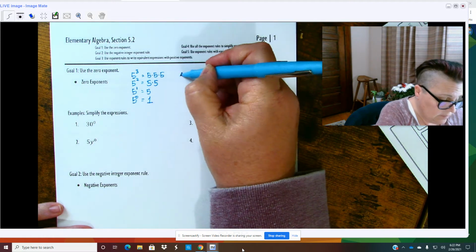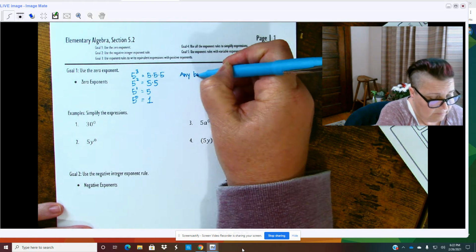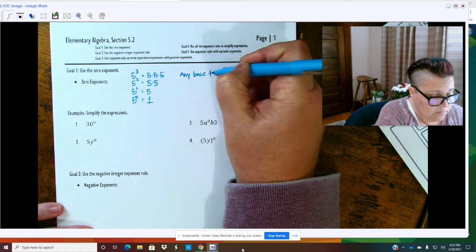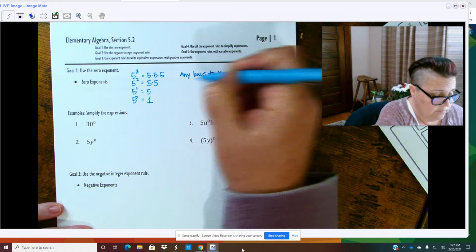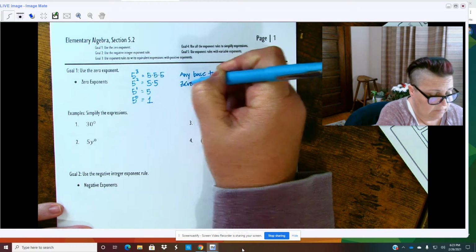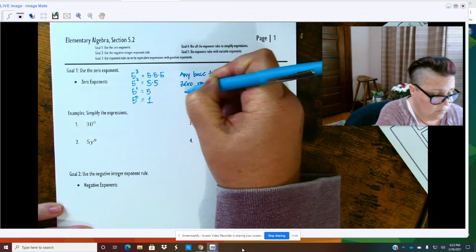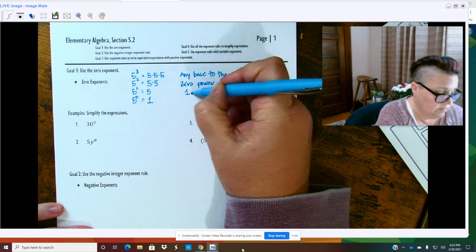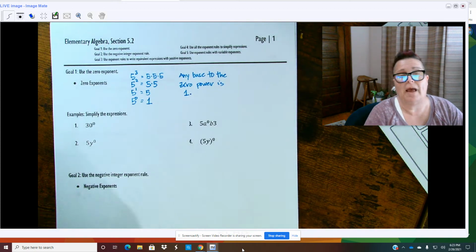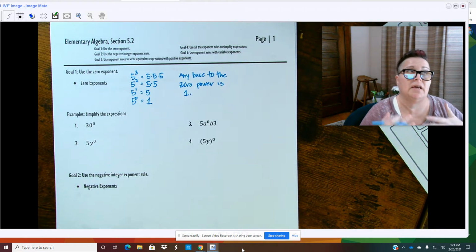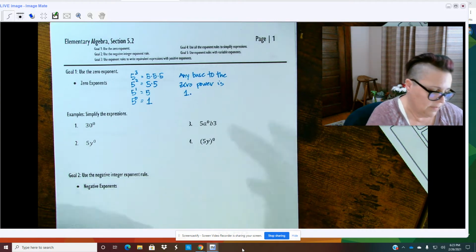Any base to the 0 power is 1. That base to the 0 power can be replaced by the number 1.